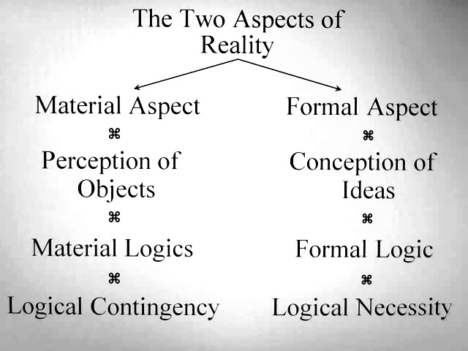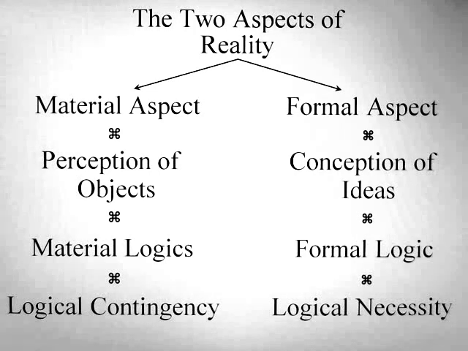In order to understand the material world, we develop what we call material logics, which include abduction and adduction and induction. The first two being the logics of material causality, and the third one, induction, being the logic of material analogy.